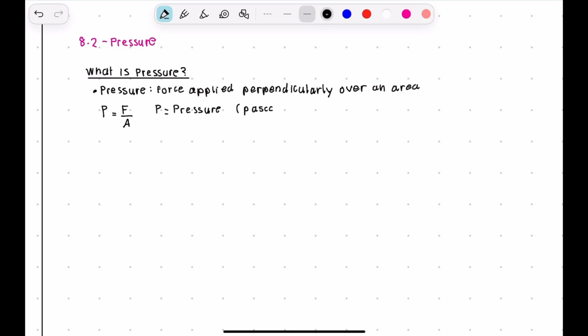Pascal, which equals 1 Newton over meter squared.